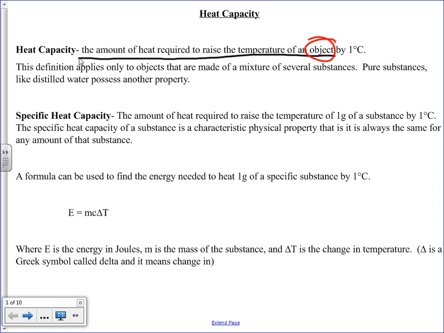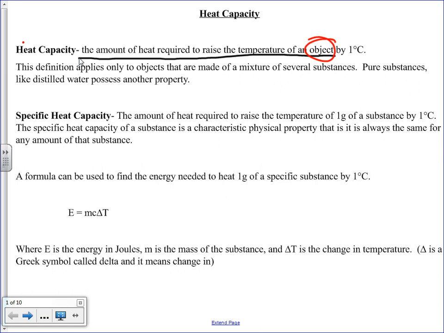Well, your coat would be made of the liner, the fill, the zipper, all that stuff. It's all made of different materials. So if we want to talk about just heating up your coat by 1 degree Celsius, we have to talk about the whole thing. It's kind of an average of all the parts. So we're talking about an object, and the amount that we raise the temperature by is always 1 degree Celsius. So the amount of heat required to raise the temperature of an object by 1 degree Celsius is heat capacity.